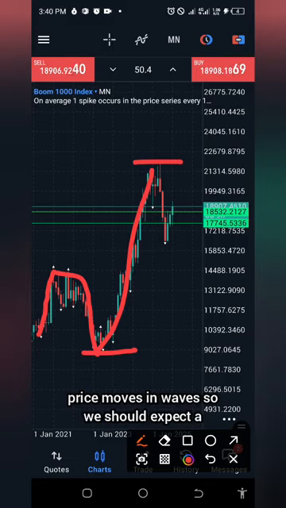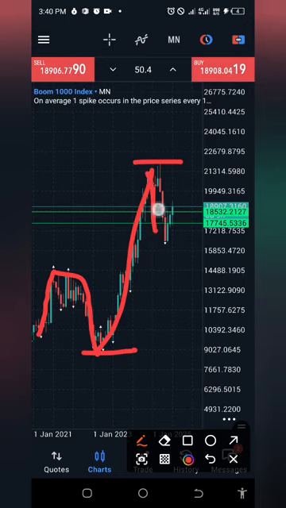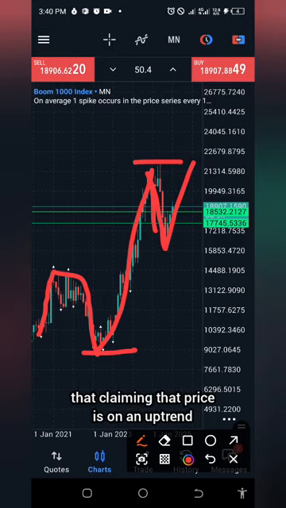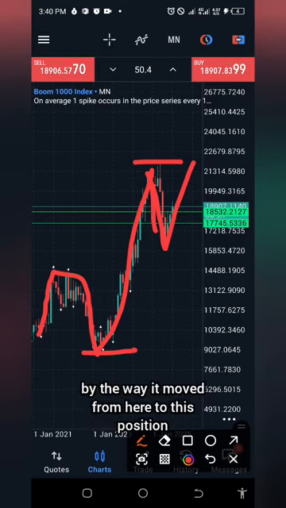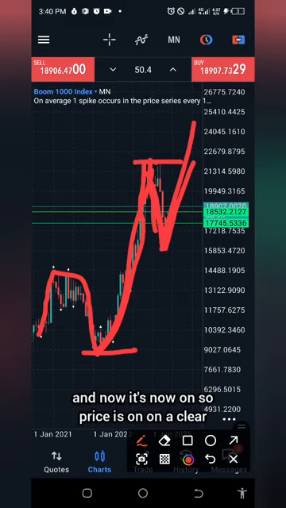So we should expect a retracement, which we got here, and then we are now seeing a move up. By the way, it moved from here to this position, we have a retracement, and now it's on the move again. So price is on a clear uptrend.